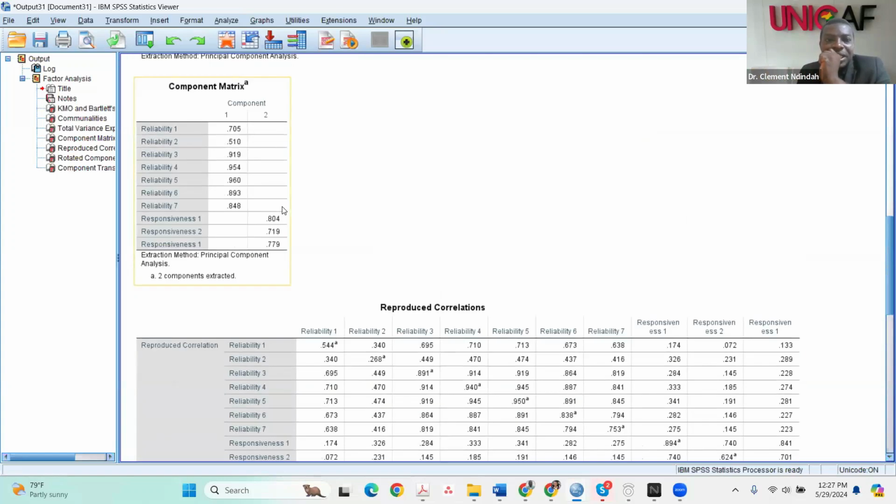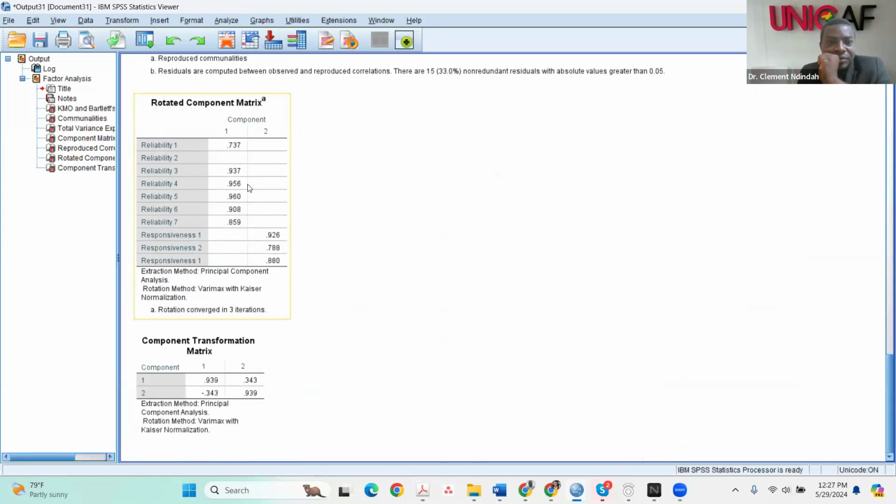So that's already a clear indication that reliability 2 is not a good fit for that model. If you had many more variables, you would be able to identify other variables that are not suitable to measure the construct that we intend to measure.